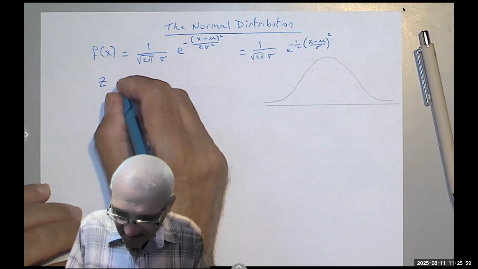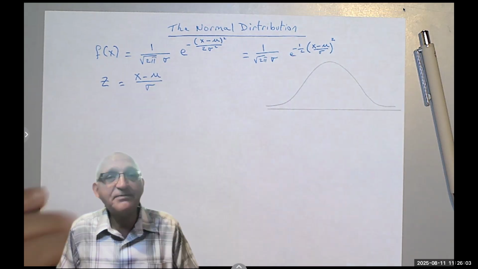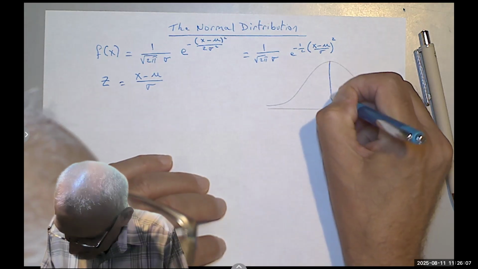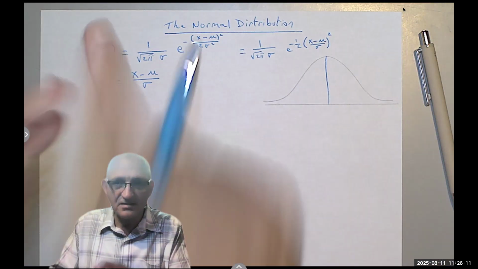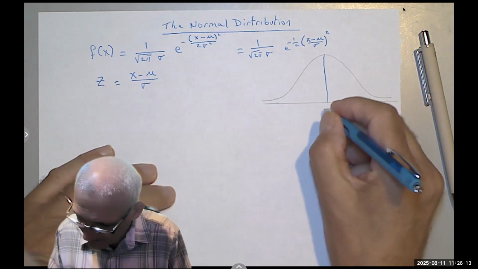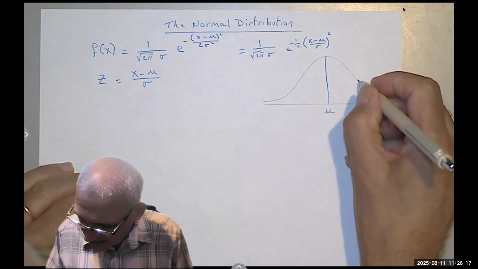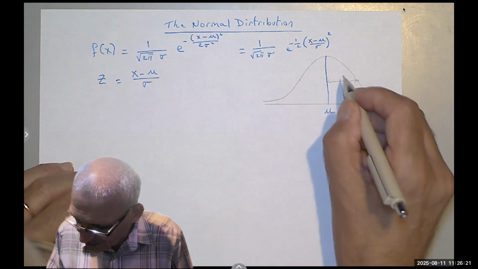And z is x minus mu over sigma. Notice what happens when you subtract mu. So here is mu, right? It's symmetric. So this is the mean, this is the median, this is the mode, this is mu. And do you see the inflection point here? The distance between the mean and the inflection point is sigma.